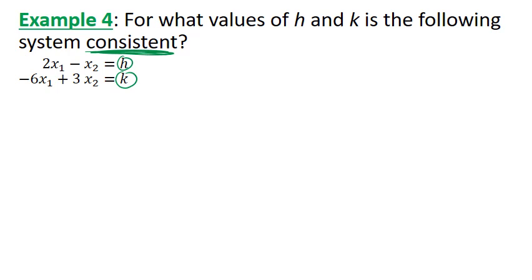Okay, all right, well, let's go ahead and set this up. I will set it up the exact same way as we've done previously. I will also solve this the same way as I've done previously.